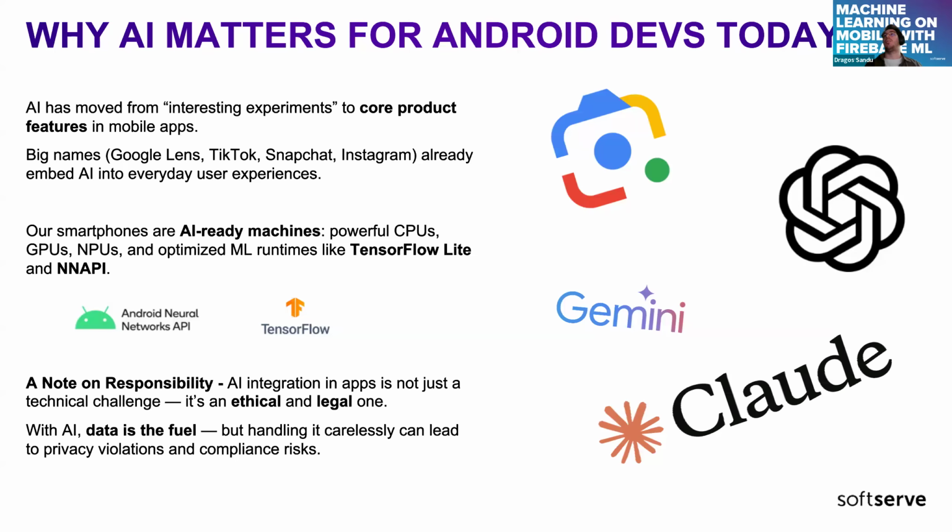As well as what tools we use to process this data, because if we use Google's API or other APIs to process this data, we are also liable for how they process this data. And we need to present and be transparent about how the user data is used. So with AI, data is basically the fuel, and handling it carelessly can lead to privacy violations and compliance risks. So we need to be really thoughtful about that.